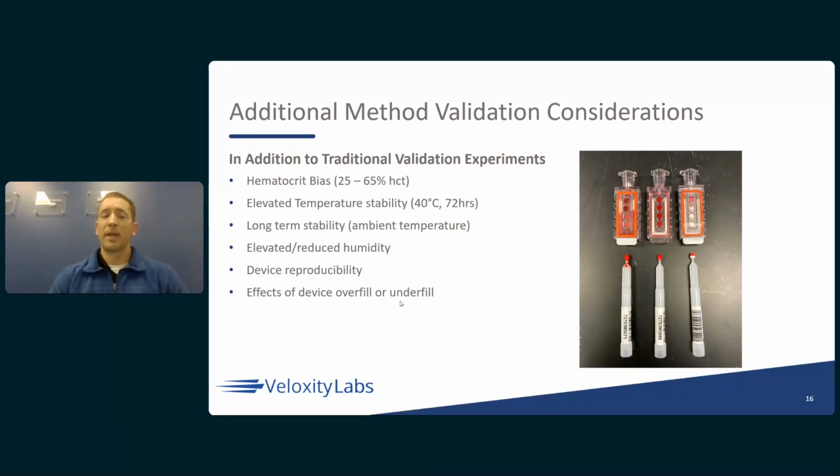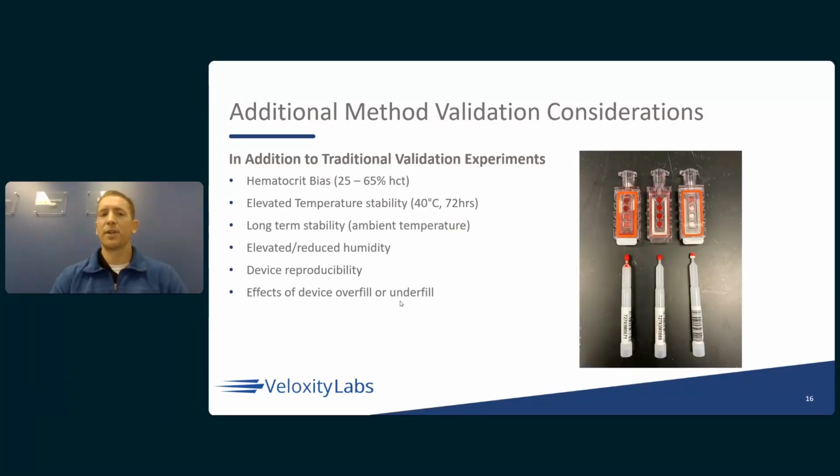Typically, these samples will be placed into a cartridge or an envelope under desiccant and sent overnight on a plane, in the mail, those kinds of things, not on dry ice like typical plasma will be. So you need to assess elevated temperature stability. To cover this, we usually do 72 hours, and we put the samples in our incubator set at 40 degrees C, and then assess them as stability quality control samples.